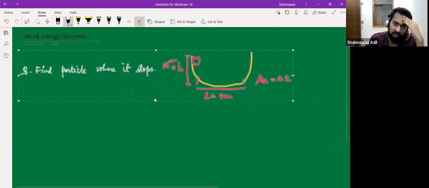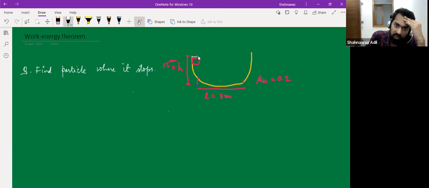This is the problem that an object slides down from here. It starts to slide and then stops at some point. This surface has some friction.